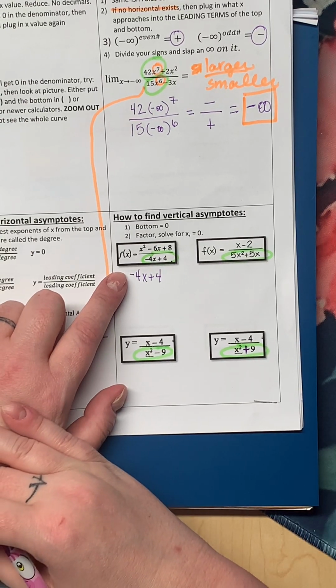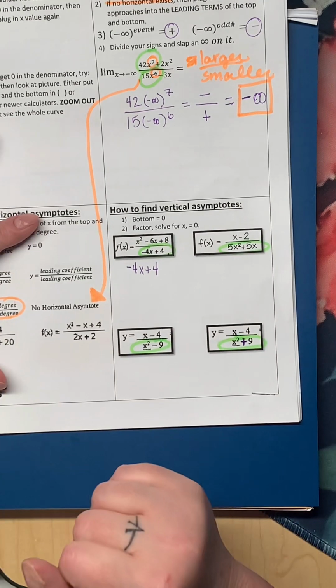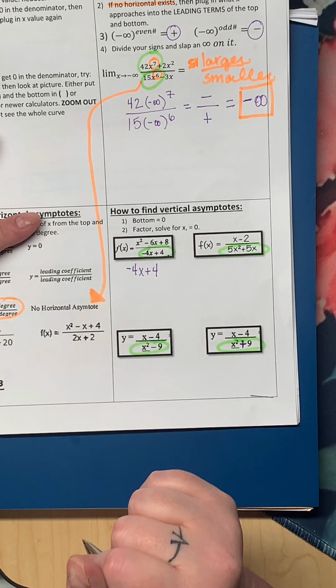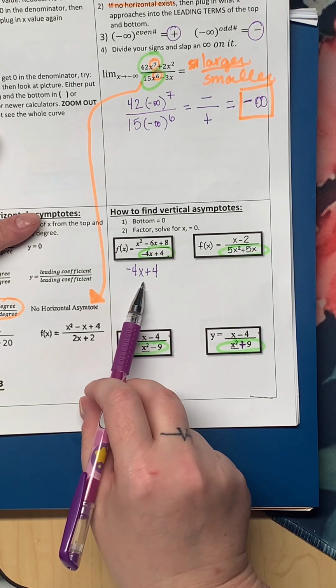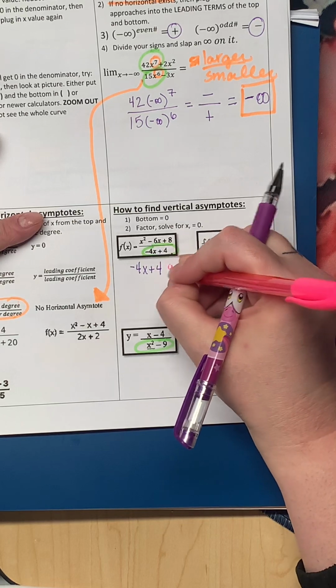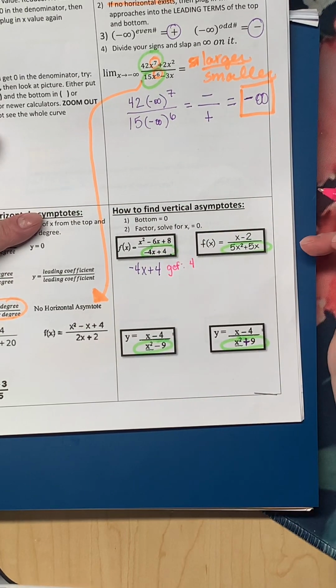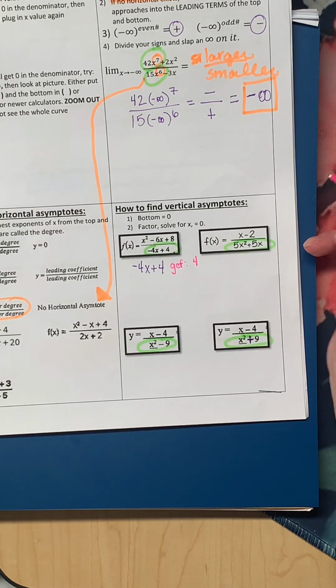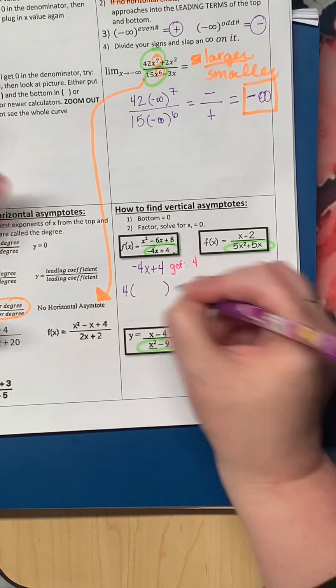Then we're going to factor it. On this one, there is a GCF. The GCF is definitely a 4 because both of these have a 4 in them. So I'm going to write down 4, open parentheses.